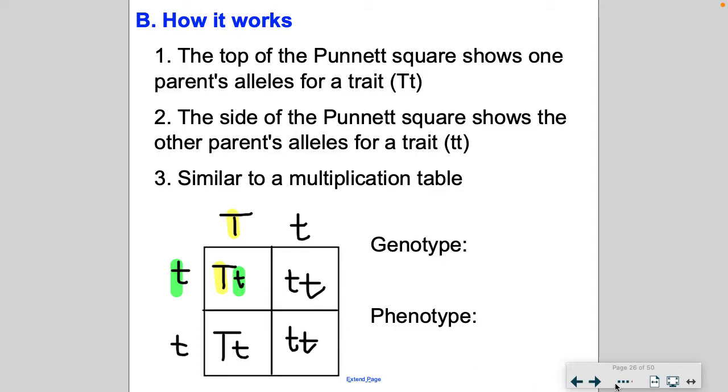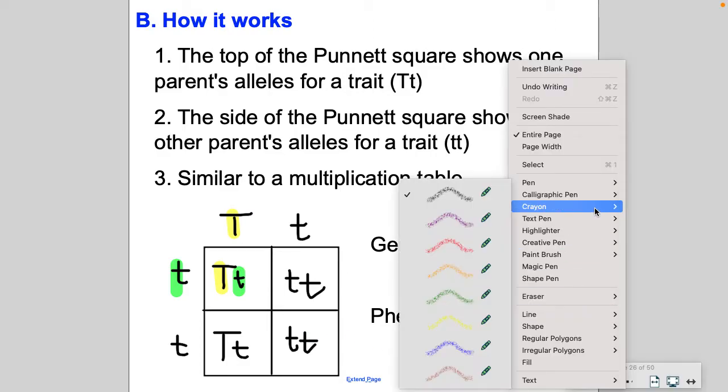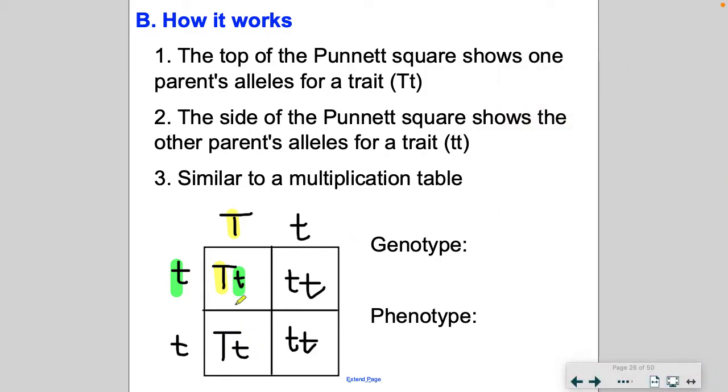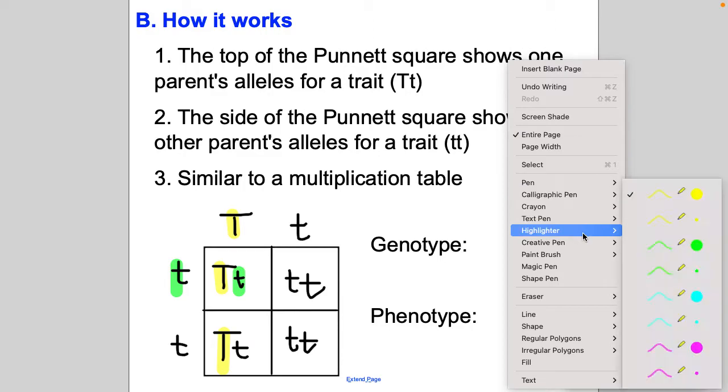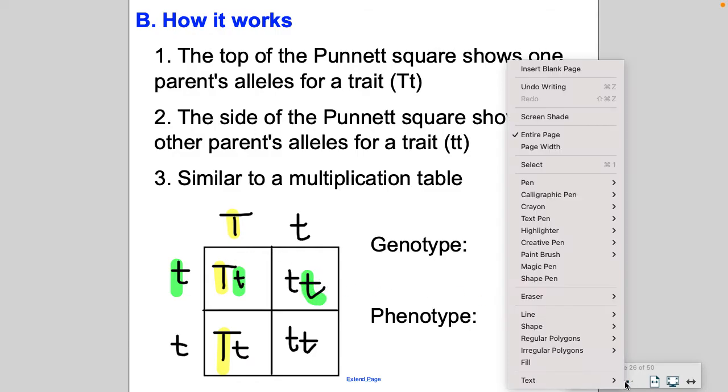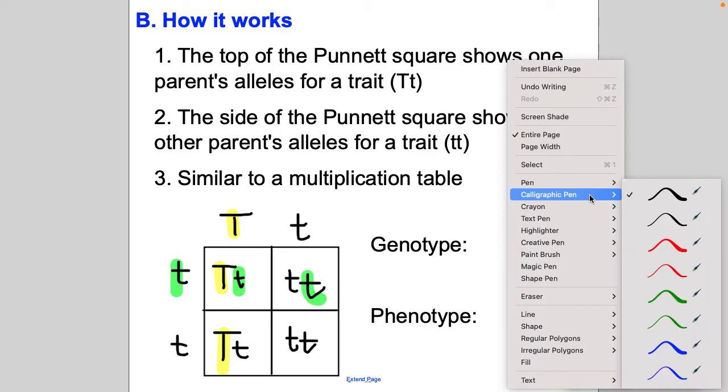All right, so I'm going to get my highlighter out just, again, to show you where these letters come from. So this big T, I wrote it right there. Okay, I'm going to switch colors to green. This little t filled in this square, and it's also right here. Probably should use a different color, maybe for the other alleles.